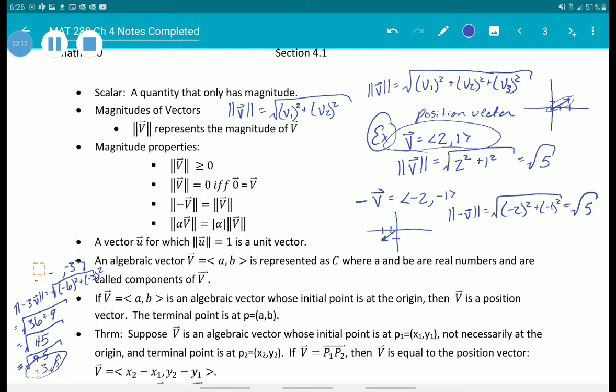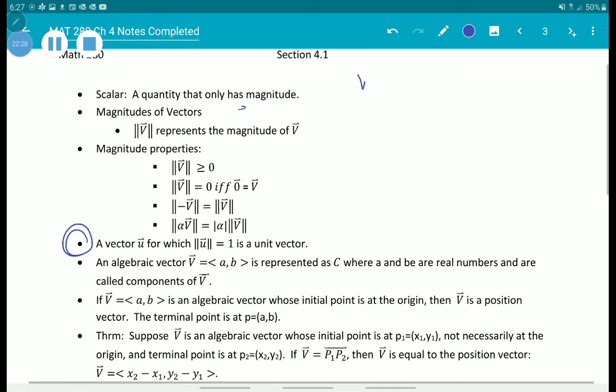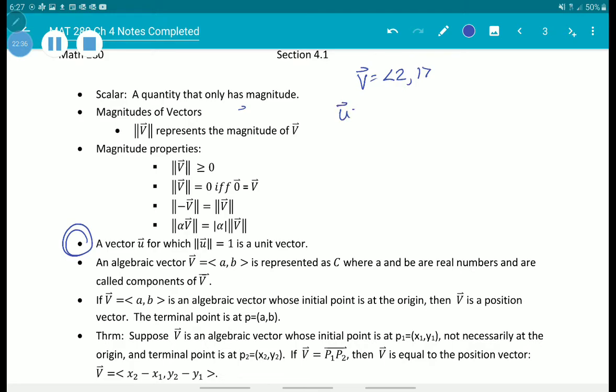So now we need to talk about what a unit vector is. Unit vectors are vectors that have a magnitude of 1. So to find a unit vector, it's going to be 1 over the magnitude of v times the vector v. So if we wanted a unit vector for this vector v, we said the magnitude earlier was square root of 5.